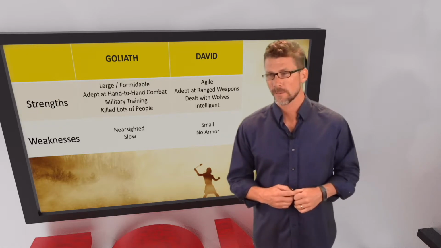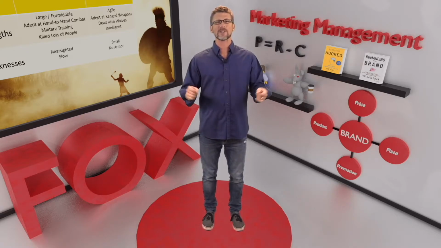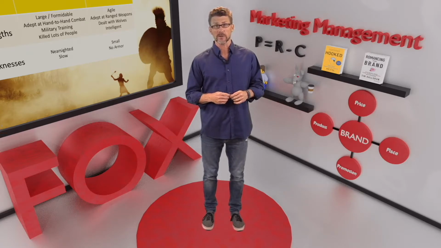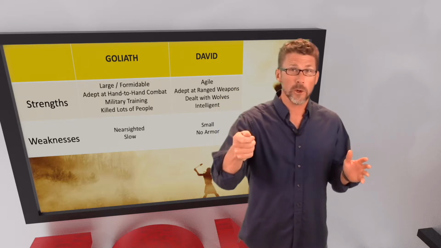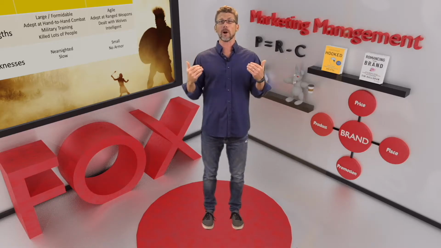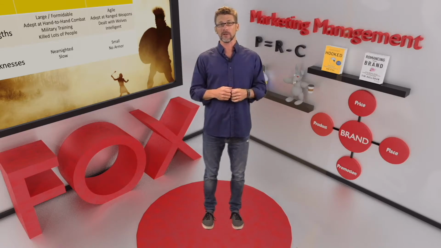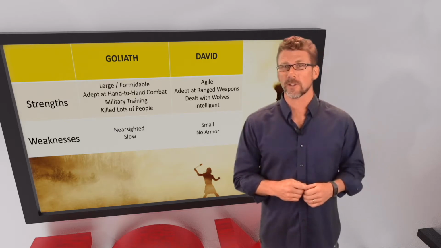If you didn't know this, shepherds spend a lot of time protecting their flocks from fast-moving animals like wolves. This is why David had a slingshot and knew how to use it. Goliath expected David to just walk up to him and engage him in hand-to-hand combat as all of his previous opponents had done. David had agility and intelligence on his side.